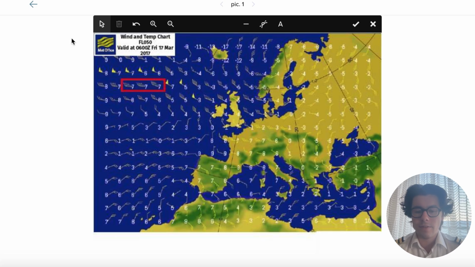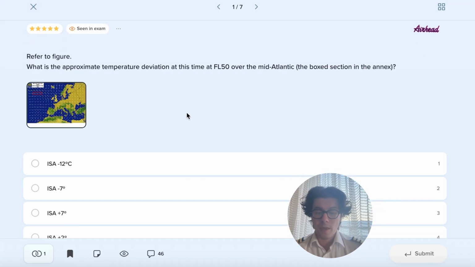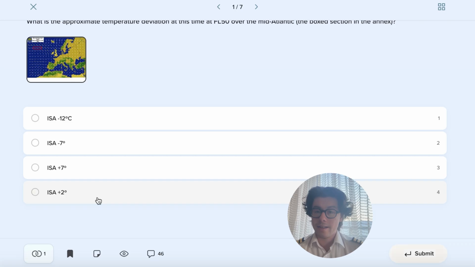That means that at 5,000 feet, the temperature should be plus 5 degrees in ISA conditions. However, here it is 7. That means that the temperature at the moment is ISA plus 2, as the ISA temperature at level 050 would be 5 degrees.